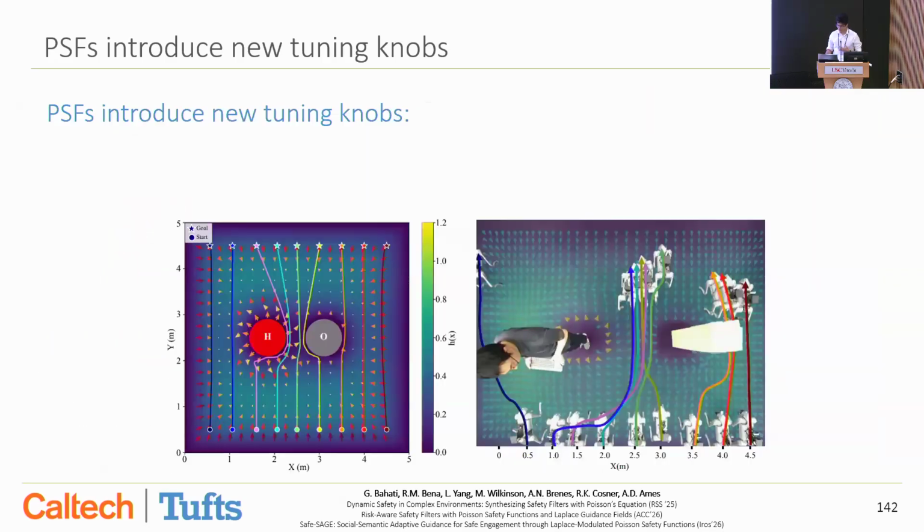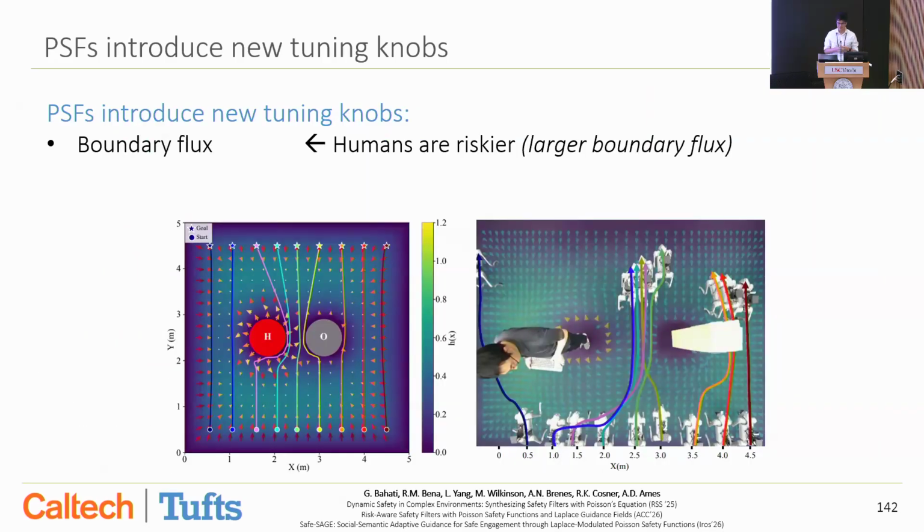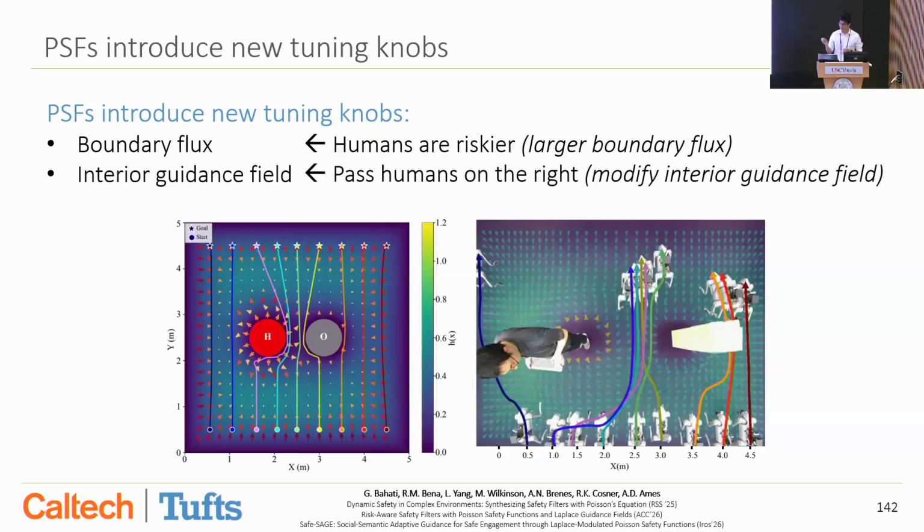And what this allows us to do is, with the boundary flux, we say humans are riskier, so we want to avoid them, give them a little bit more berth. And then with the interior guidance field, we can say people like being passed on the right. So we influence the control velocities that are being sent down to the locomotion controller and say, I want to rotate around the person on the right-hand side.